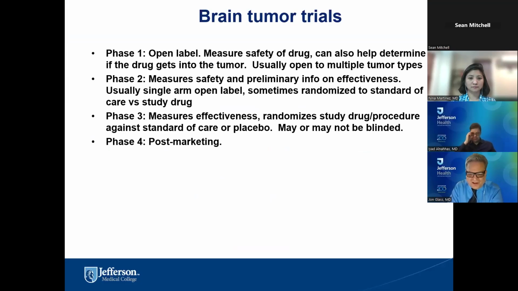Phase 2 studies evaluate safety and preliminary effectiveness, and these can be open label, single arm, or randomized trials. Phase 3 trials are usually randomized. They may or may not be blinded and measure effectiveness of the study drug against either a standard of care or a placebo. There's also a phase 4 that's post-marketing.